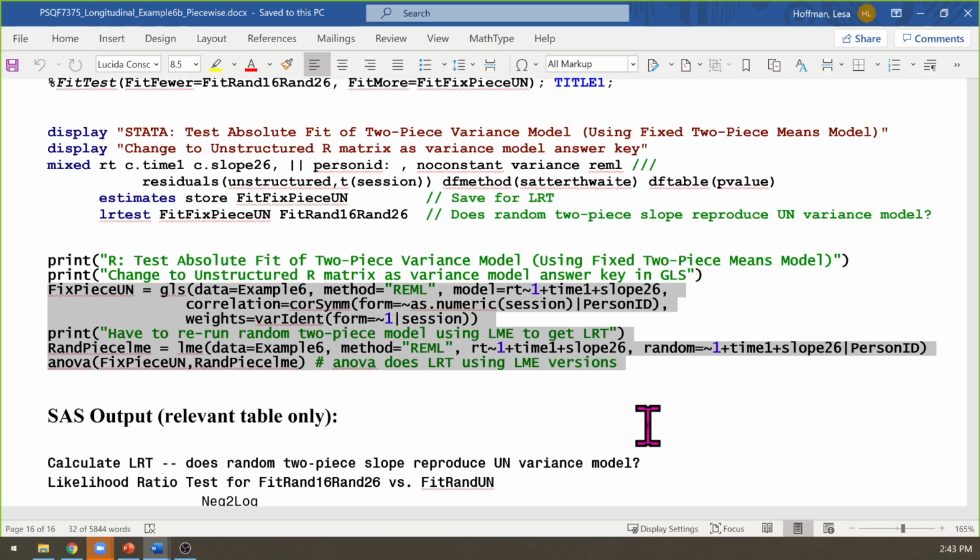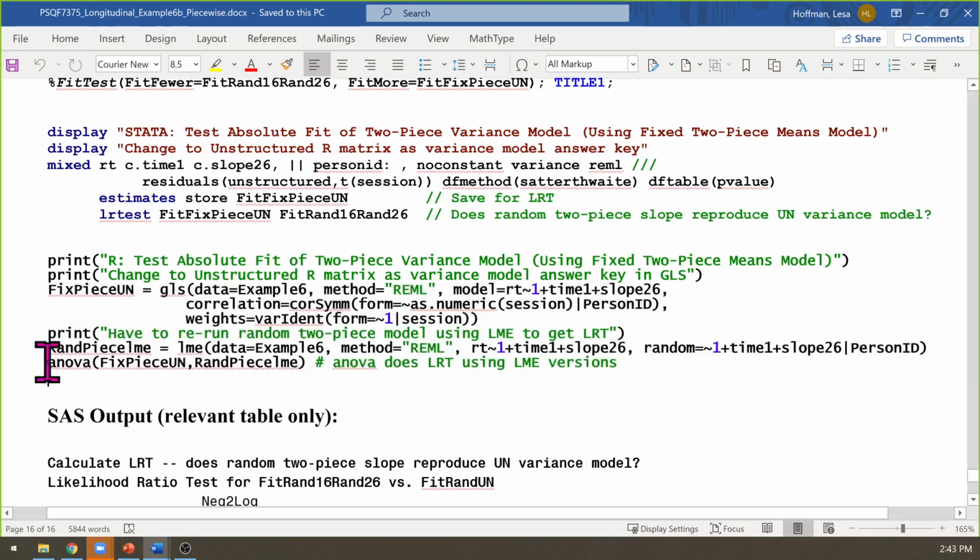So in order to get a likelihood ratio test done by R, I had to re-estimate my random piecewise model in LME so that I can compare it to the unstructured model estimated in GLS, because those are within the same package, and then I could do ANOVA, which is what that package uses.